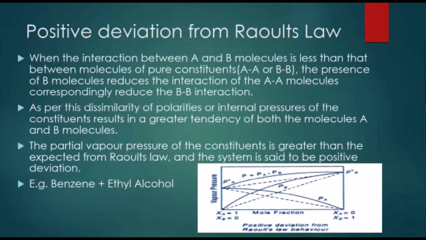Now the positive deviation. Positive deviation happens when the interaction between A and B molecules is less than that between molecules of the pure constituents, AA or BB. The presence of B molecules reduces the interaction of the AA molecules, and correspondingly reduces the BB interaction.